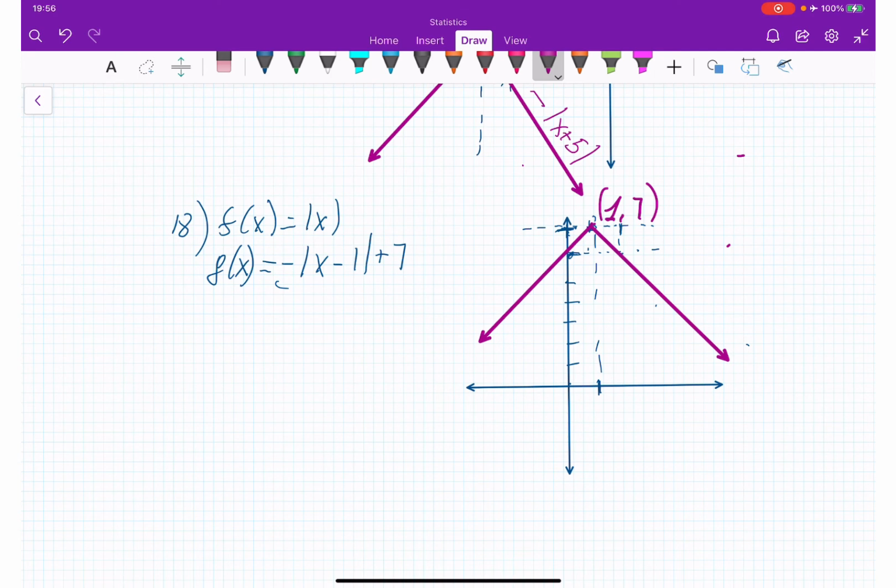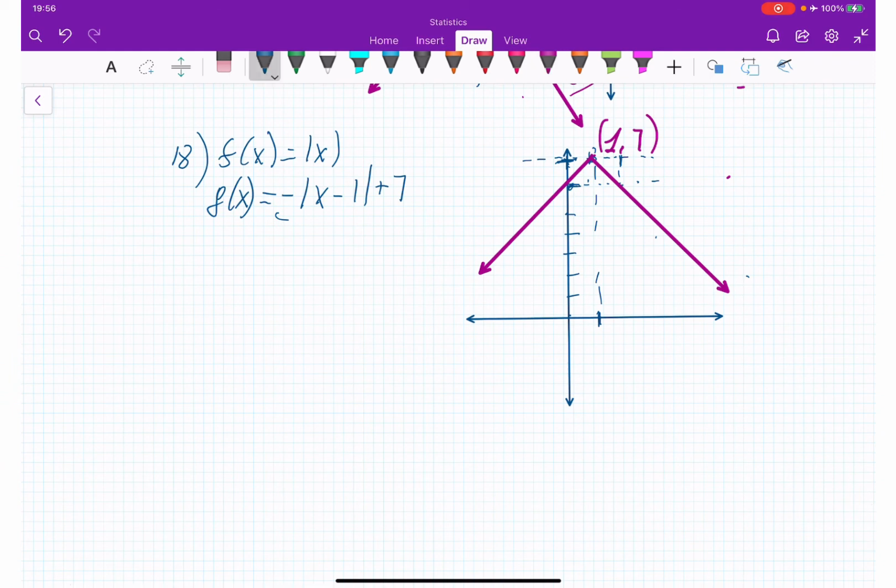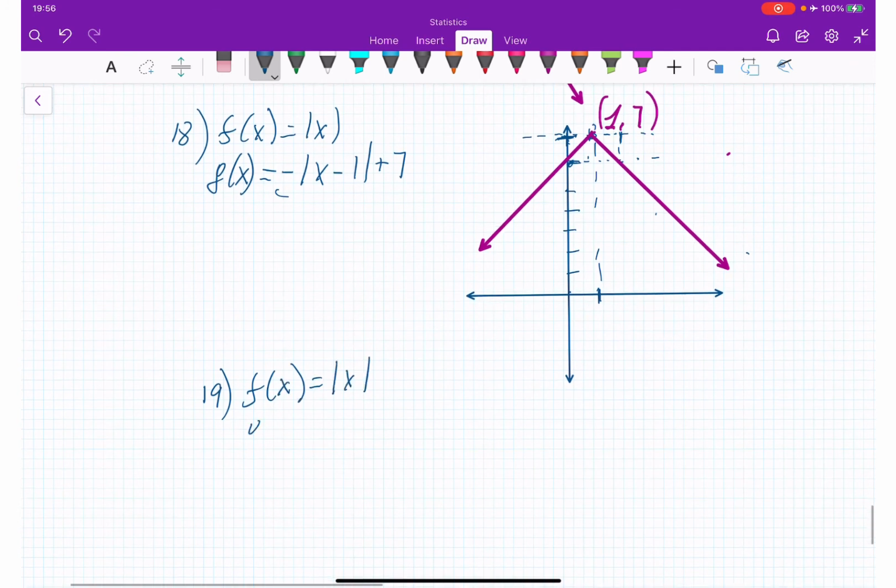Now we have question number 19. f of x is equal to absolute value of x, and g of x is equal to twice absolute value of x plus 6.